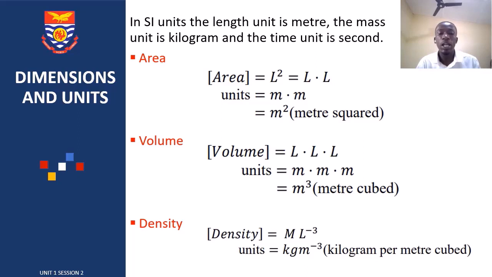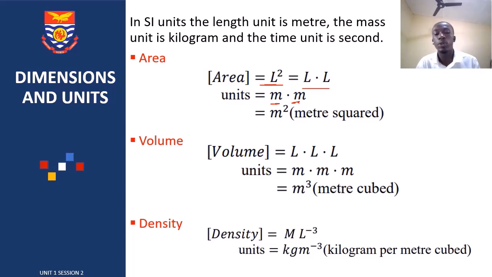Supposing we are given the dimension of area as L squared, and we are asked to find its unit, you just look for the unit of each dimension given in the parameter. L squared is L times L, and L represents length, which has a unit of meter. So we have M representing a meter and M representing a meter.